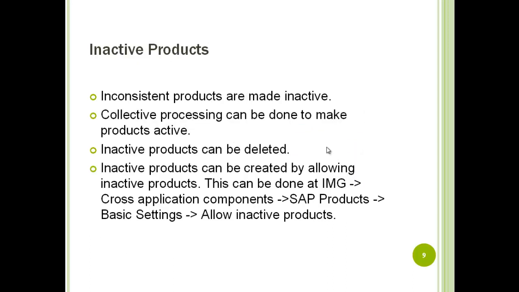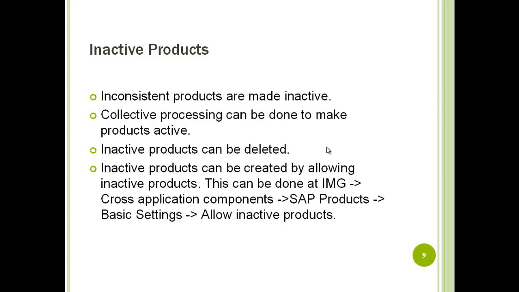Now let's have a look at what inactive products are. SAP CRM allows you to store inactive products. It is expected that all the necessary information about the product is entered in the SAP CRM product master. But there could be instances where all the necessary information may not be available at the time of entering product information.